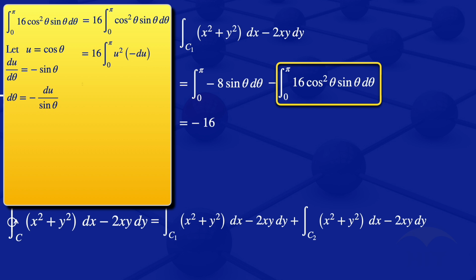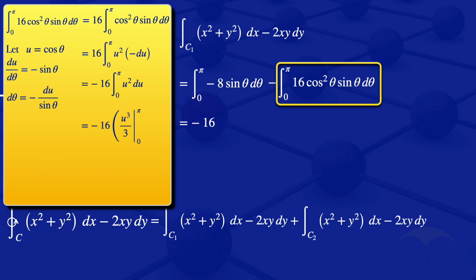And that will simplify to minus 16 multiplied by the integral from 0 to pi of u squared du. The integral of u squared is u cubed over 3. So we would have minus 16 multiplied by u cubed over 3. Then you put the limits 0 to pi.